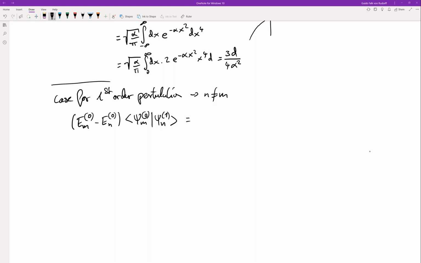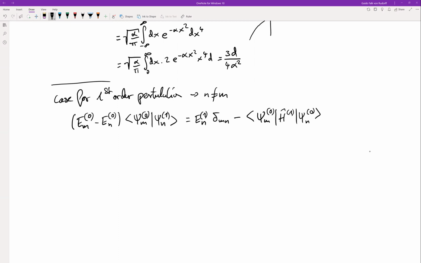And that was equal to E_n of the perturbed system, and we had this Kronecker delta mn, minus psi m of the unperturbed system with the expectation value of the perturbed Hamiltonian with psi n, for the unperturbed system.